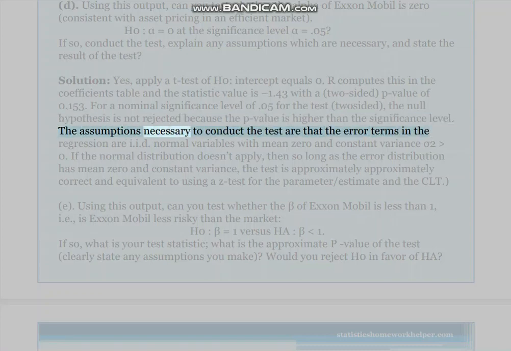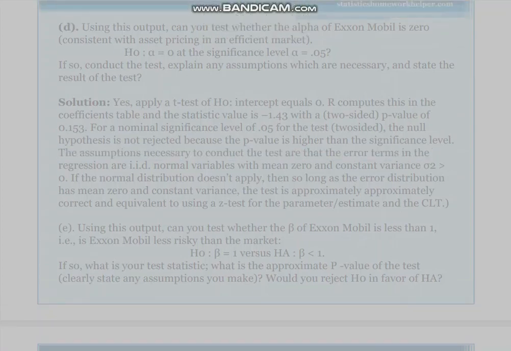The assumptions necessary to conduct the test are that the error terms in the regression are IID normal variables with mean 0 and constant variance sigma squared. If the normal distribution doesn't apply, then so long as the error distribution has mean 0 and constant variance, the test is approximately correct and equivalent to using a z-test for the parameter estimate and the CLT.